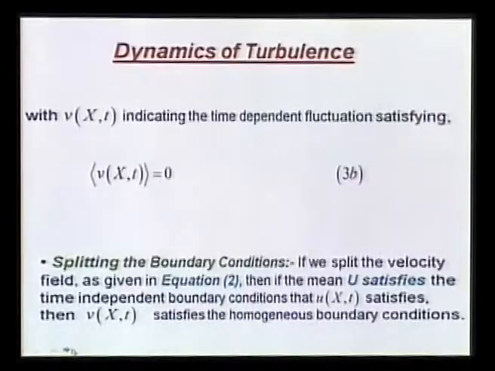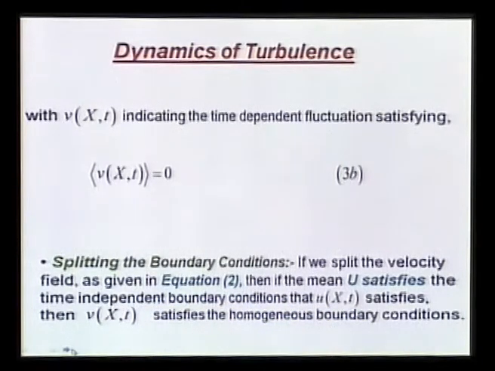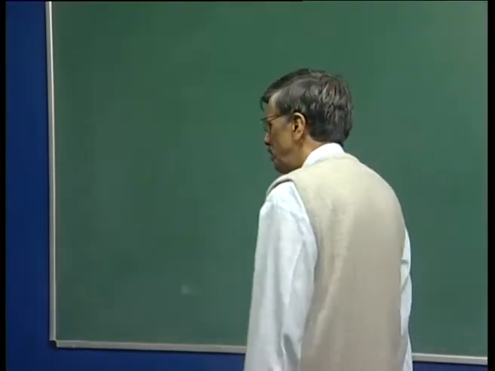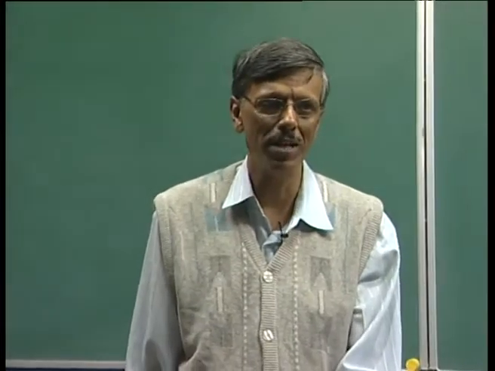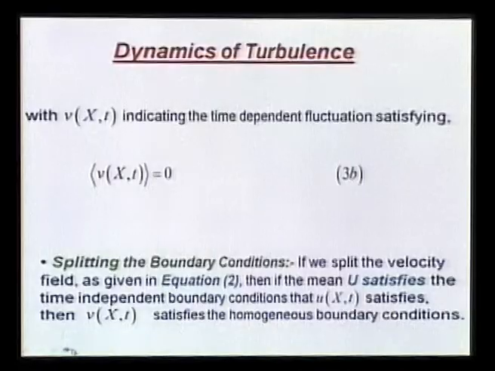That means what? That the boundary conditions are going to be time independent. So, if that is so, if you are looking for such a flow, then the mean U would satisfy those time independent conditions, because that is the way we have split it. What will then remain for V? V is the fluctuating quantity. So, all the boundary conditions are taken up by your capital U. So, V ends up satisfying homogeneous boundary condition.